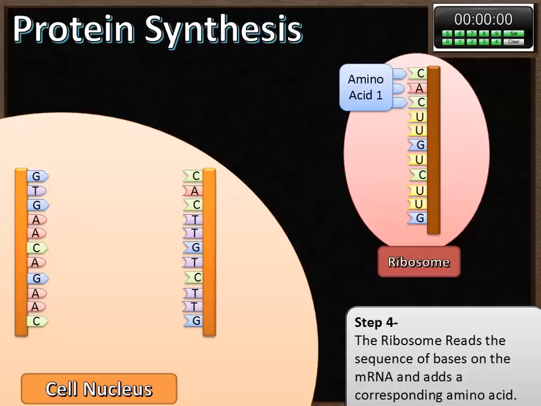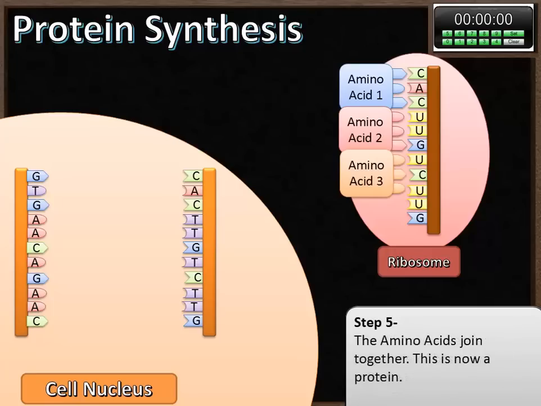It reads the next 3 bases, so UUG in this case, and a different amino acid is added. The next 3 bases, the third amino acid is added, and so on, until the full protein has been assembled. As these amino acids are read on the codons, the triplets, they are then joined together as well. And the joining together of amino acids forms our protein.